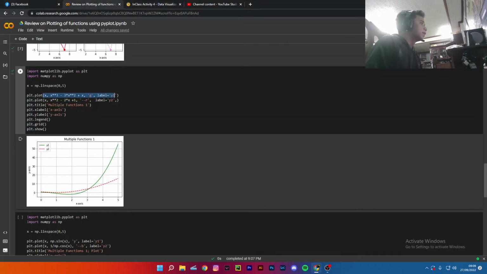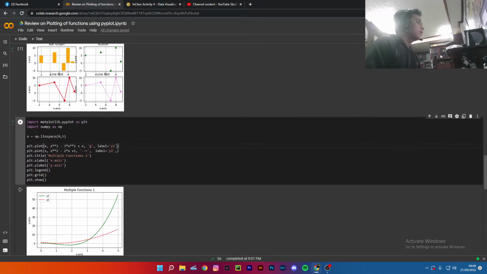So here it is, and I set the color to green, so it can be coded as color equals g or green. You can also use this g or double dash r, meaning red, green.